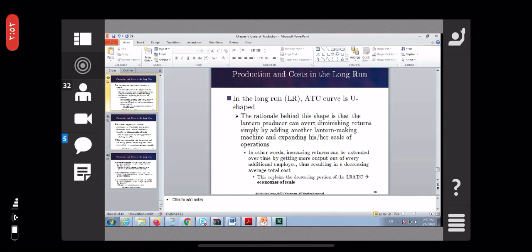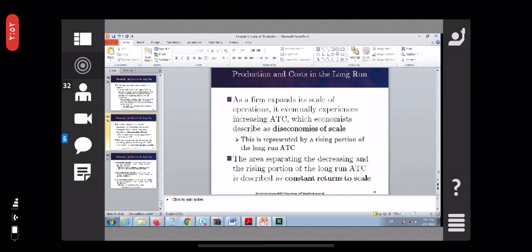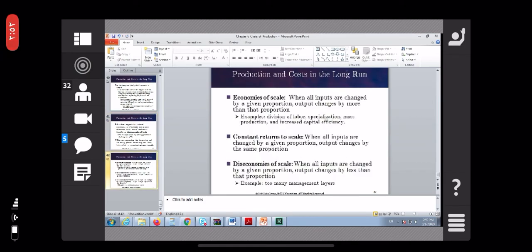This is the last slide and the last point in Eco101. Before we conclude, these are the three cases of the U-shape.